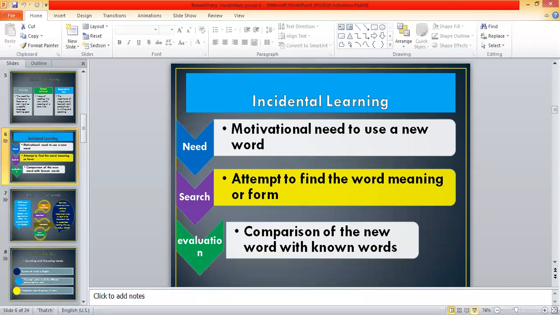And evaluation, the comparison of the new words with known words. That means you compare the new words you just learned with the ones you have learned before. That's incidental learning and deliberate learning.